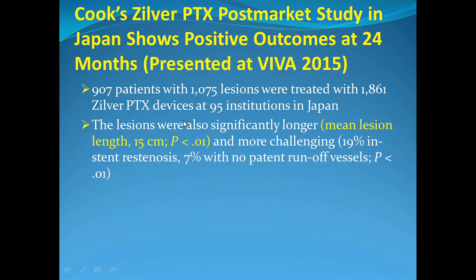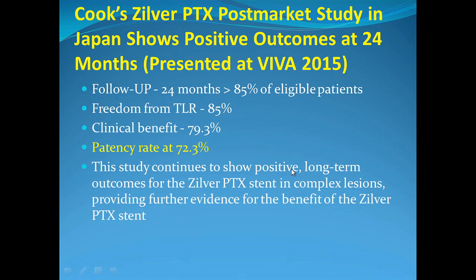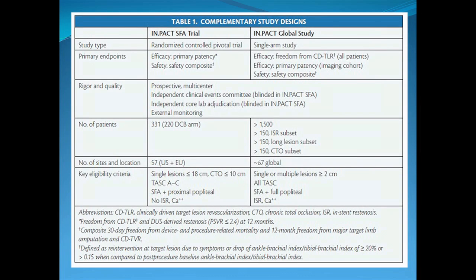And in these 907 patients with 1075 lesions across 95 institutions in Japan, the mean lesion length is close to 15 centimeters, and they also had more complex lesions in the subset. Follow up was for 24 months, with a patency rate of 72% in the Zilver PTX study, and this is a registry from Japan.